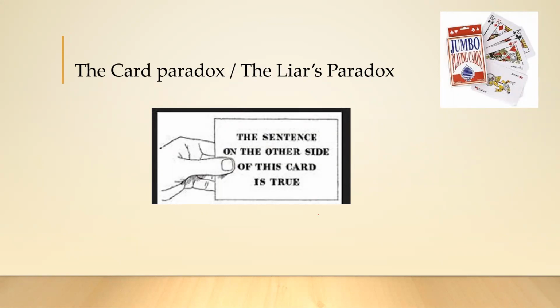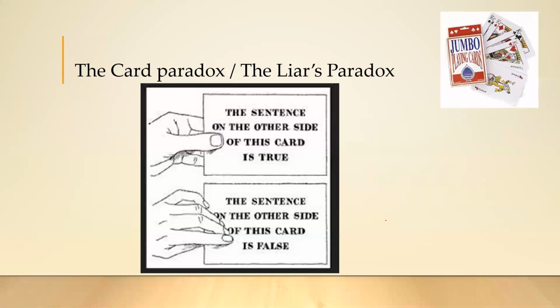Which means you have two sides of the card. On one side it is written, "The sentence on the other side is true," which means whatever is written on the other side, it holds. It is true.